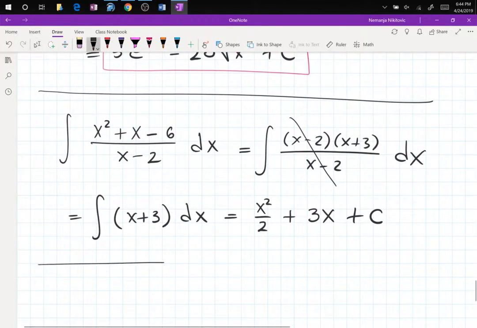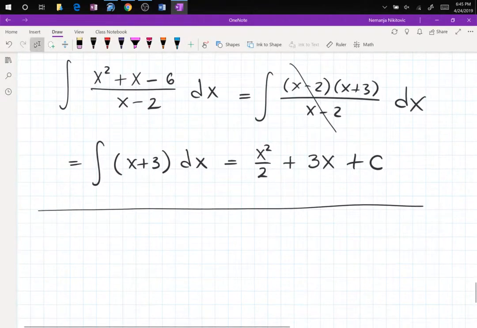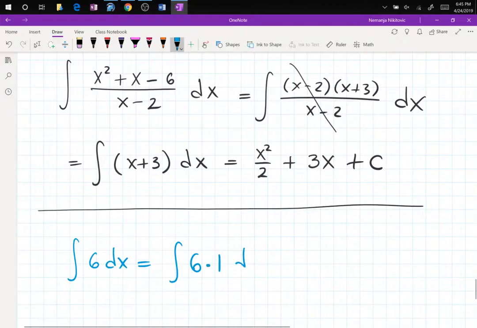So the last thing that I want to work out here, and then we switch to the next lecture, is why and how integral of 6 dx becomes 6x plus c. Would you all agree that there is no harm done if I write it as 6 times 1 dx? Would you still agree no harm done if I write it as 6x to the 0 dx, because x to the 0 is 1?